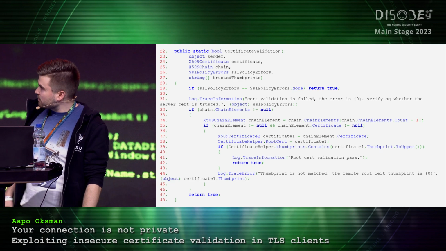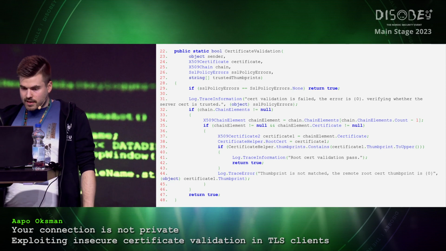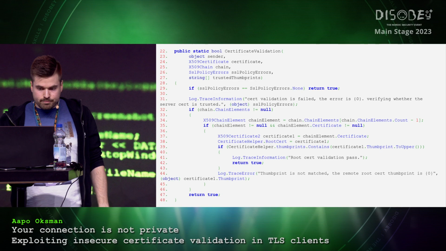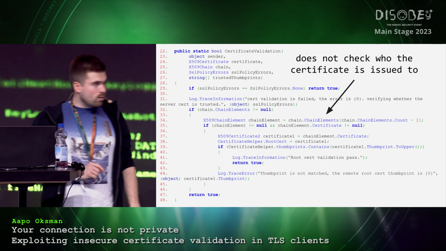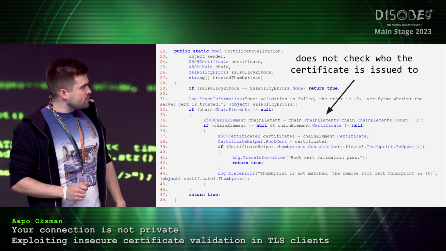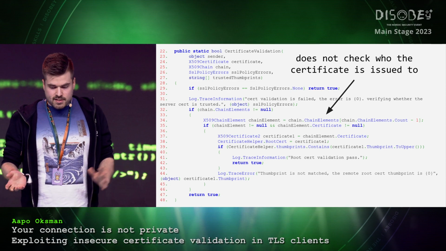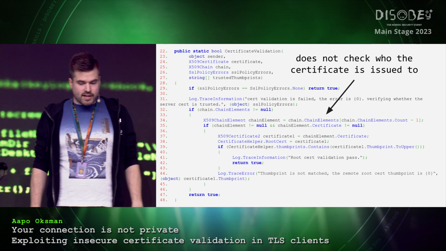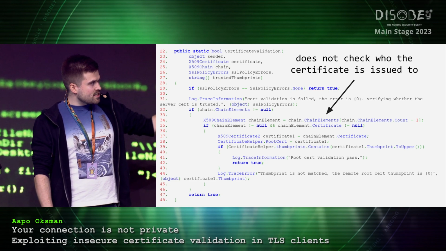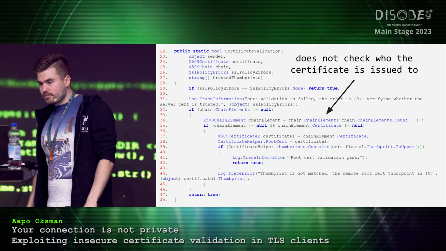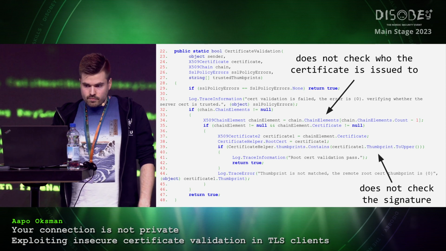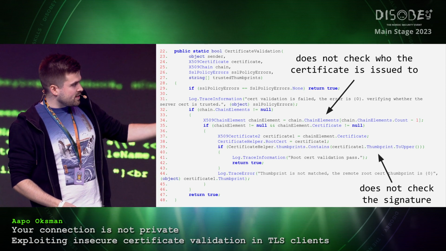I'm not sure if you can see it well, but I can highlight these things. So it does not check who the certificate is issued to. It checks that, hey, there is a certificate, but it doesn't check who it is issued to. It does not check the signature.